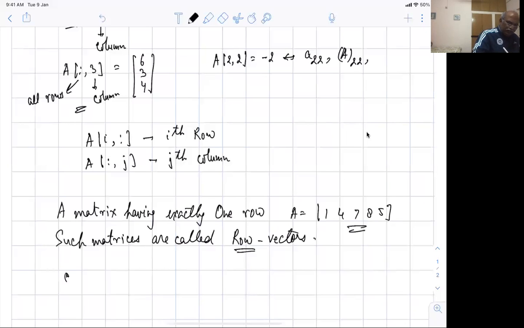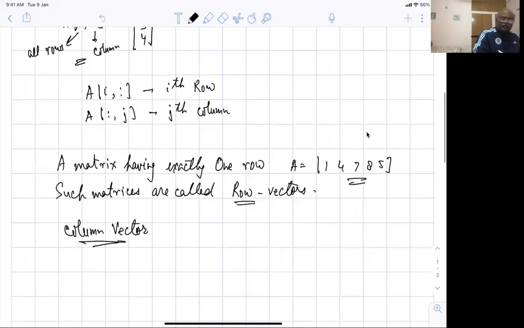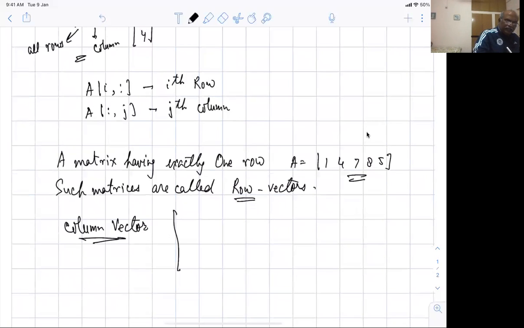Then similarly, you have what is called the column vector. So what is a column vector? A matrix which has exactly one column. So something like this, as I said earlier, x1, x2 till xn. I wrote that all our vectors should be column vectors. That was in the first lecture, we said that. Fine. So for example, 1, 4 is a column vector. Minus 1, 2, 7 is another column vector of different size.